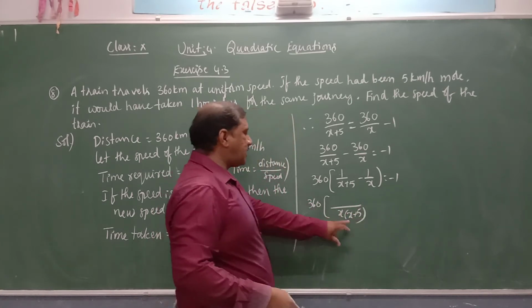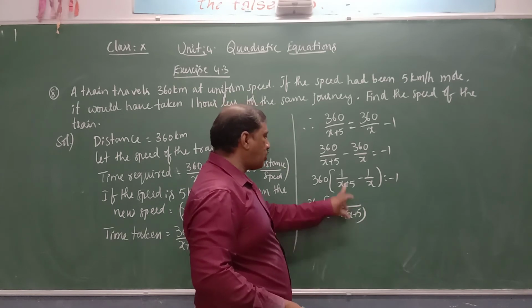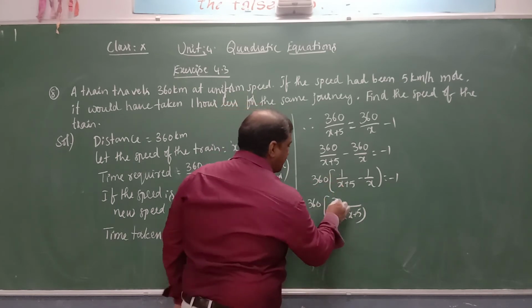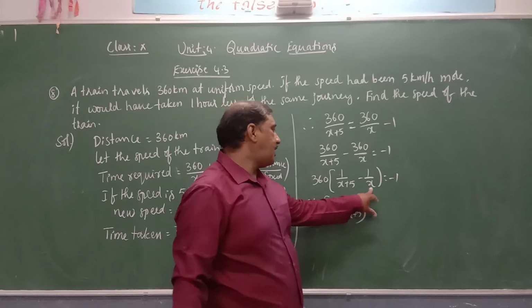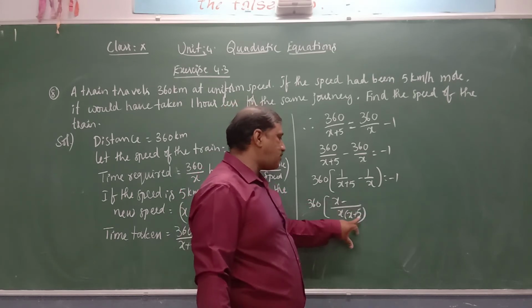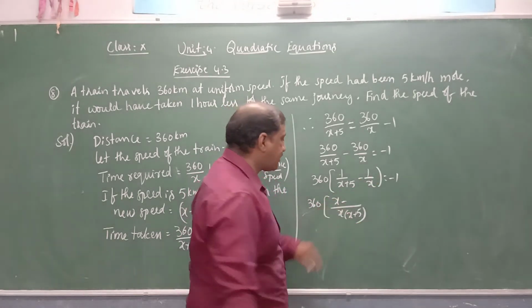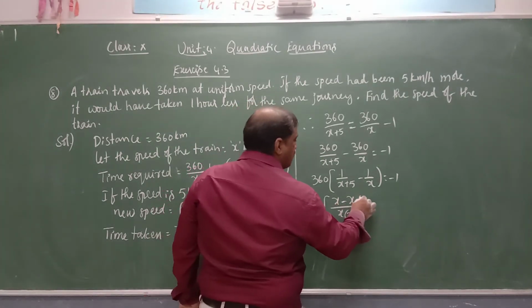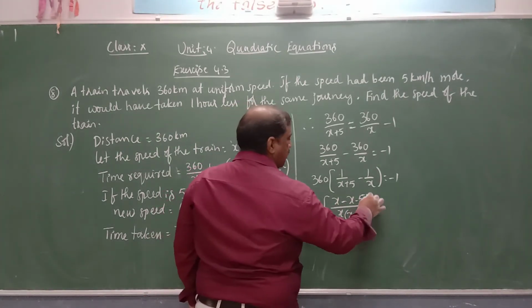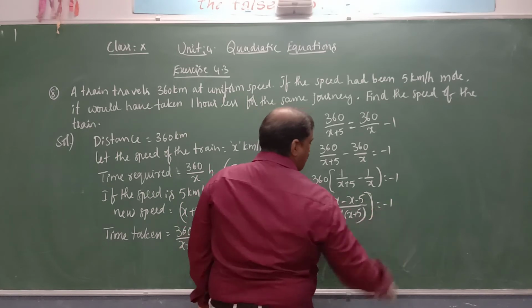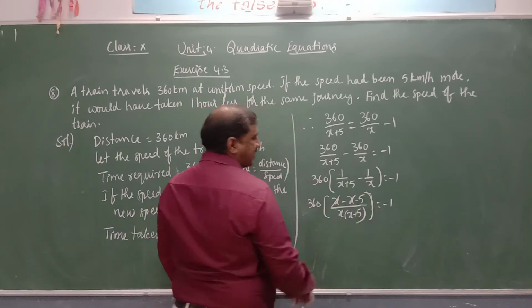So divide x plus 5 into x with x plus 5, x into 1 it is x, minus, divide with x, x plus 5 into 1, that is minus x and minus 5 we will get, that is equals to minus 1. Plus x minus x are cancelled.